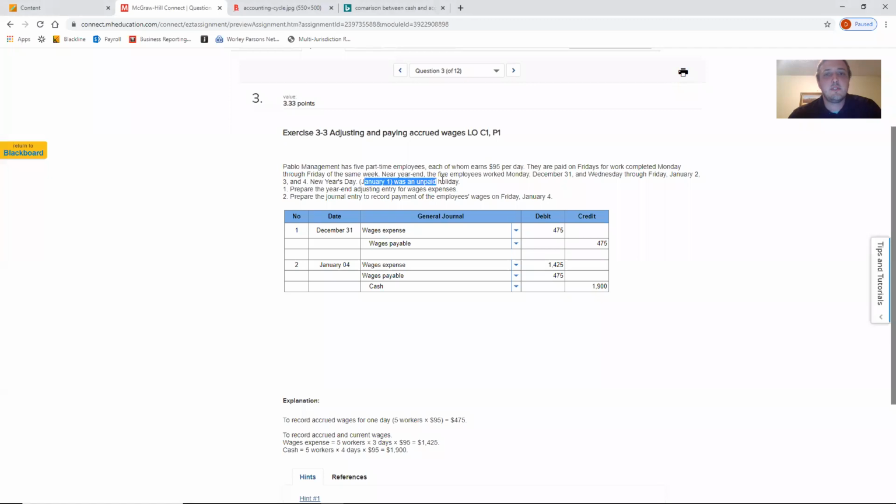Yes, because New Year's was an unpaid holiday, so you're only going to be working for 3 days that day. And then we're paying out the payable, so at that point, our liability is decreasing. We're going to debit it.